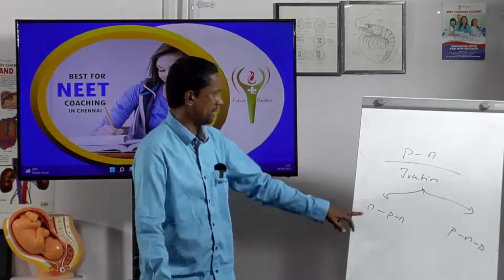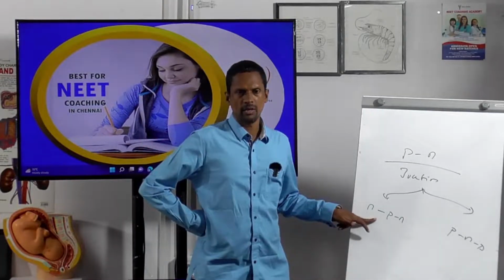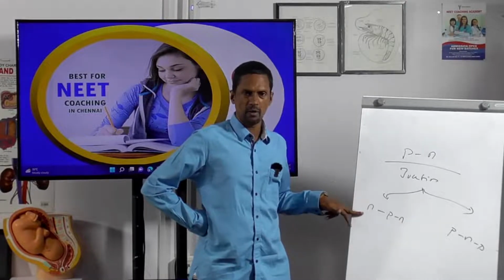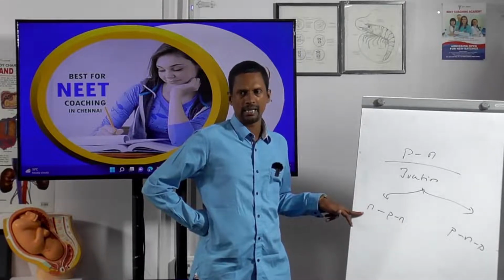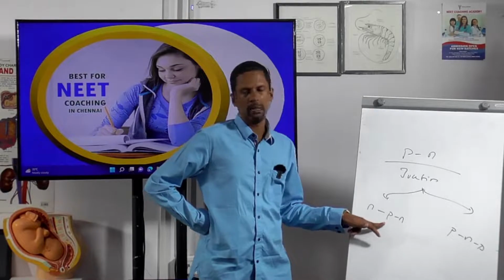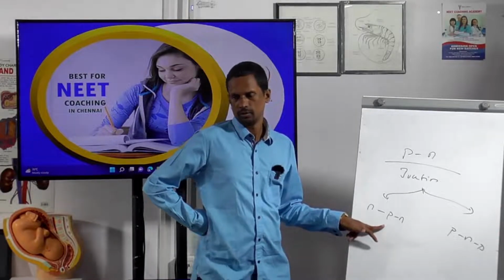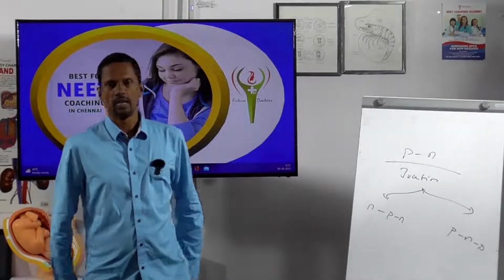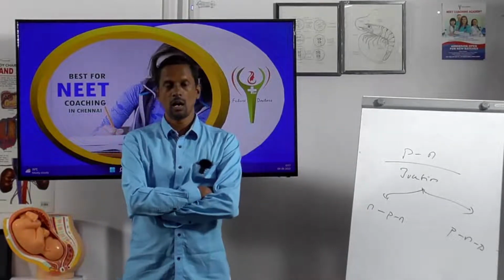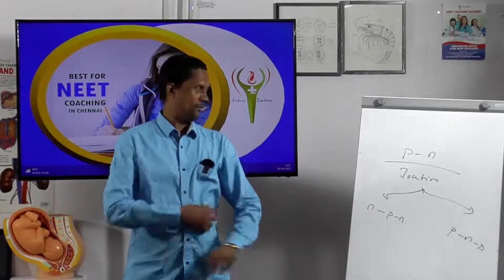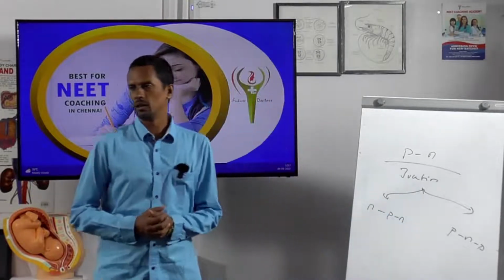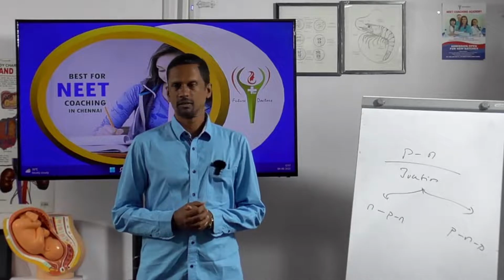Now which is dominant here? N. So 2N is connected to 1, so which will have more here? Excess electrons. Which is dominant here? One person should tell.